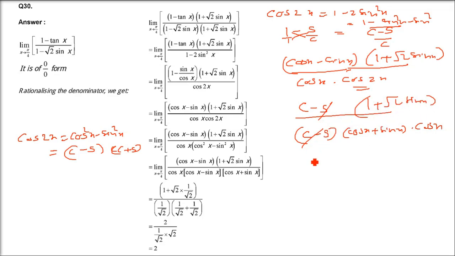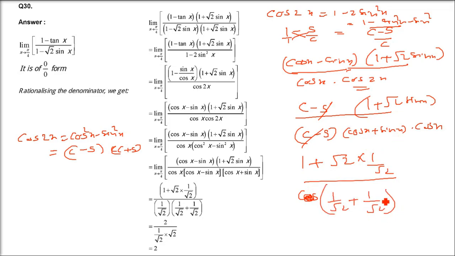Now apply the limit. 1 plus root 2 sin pi by 4. Sin pi by 4 is 1 by root 2. Then cos pi by 4 is 1 by root 2, and sin x is also 1 by root 2.